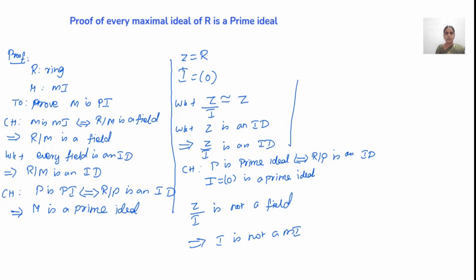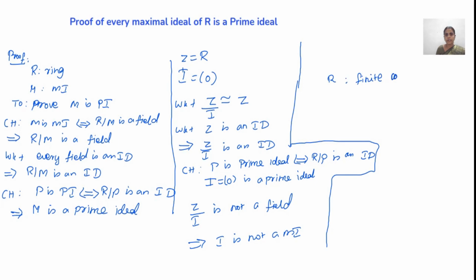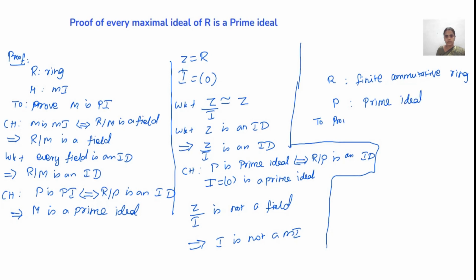Now we try to prove that a prime ideal can be a maximal ideal by imposing some condition. Now we are going to add one more condition on R, that is, R is a finite commutative ring. Now we are going to take a prime ideal P and prove that P is a maximal ideal.